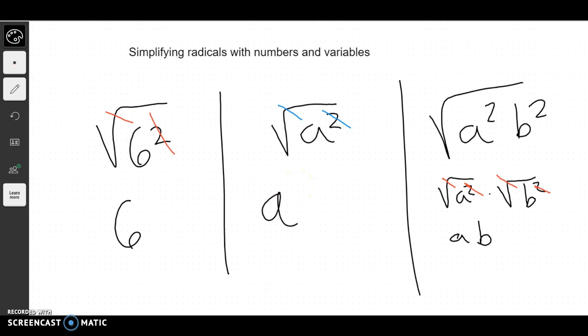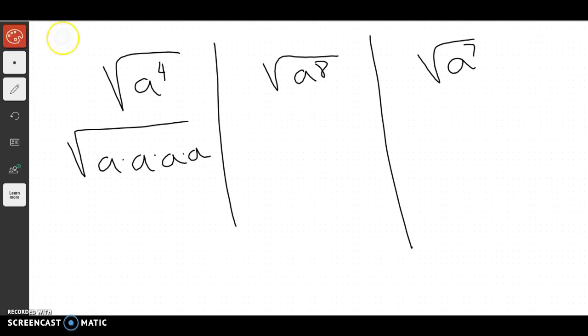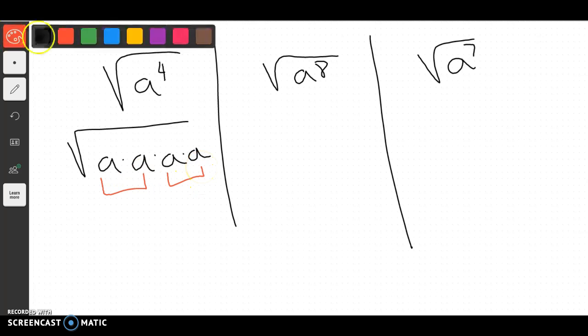Let's try a couple more problems. Okay, let's try variables to higher powers. If you remember from before, we can split up square roots. So I can think of this as a to the fourth, which was really a times a times a times a. Now that's not really helpful, so I'm going to combine these things a little bit differently.